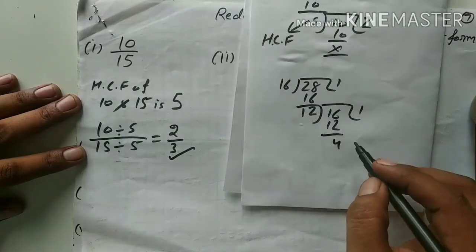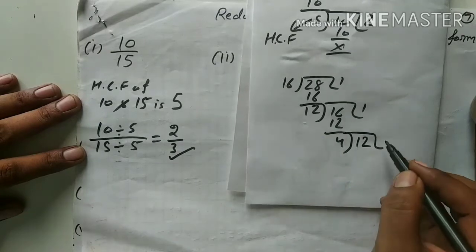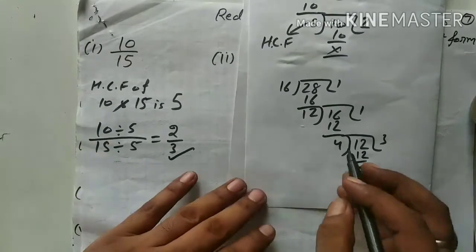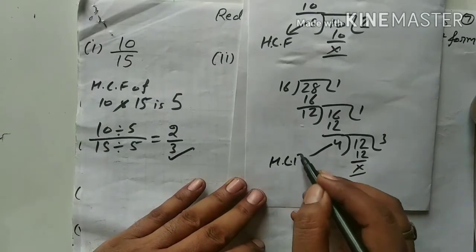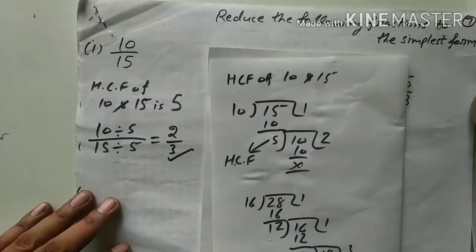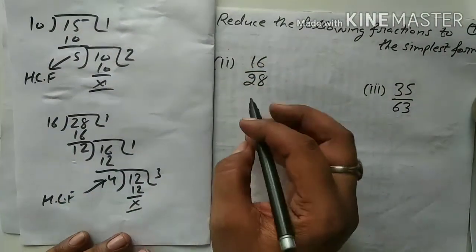Now 4. Now I will divide 12 by this remainder. So the answer is 4. Here what is the HCF? The HCF is 4. So I will divide both numerator and denominator of 16 over 28 by 4.